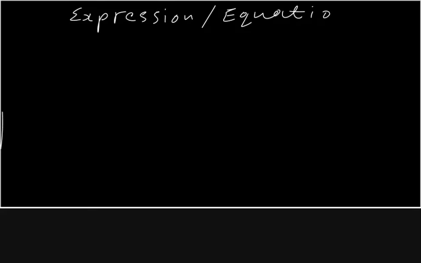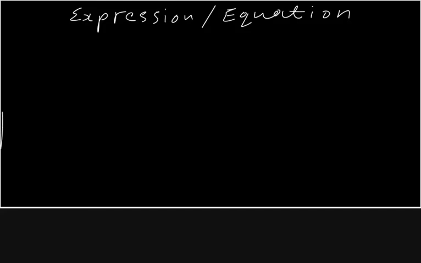We have expressions, and we have equations. I want you to understand this thoroughly so that when you see something, you know whether this is an equation or just an algebraic expression.